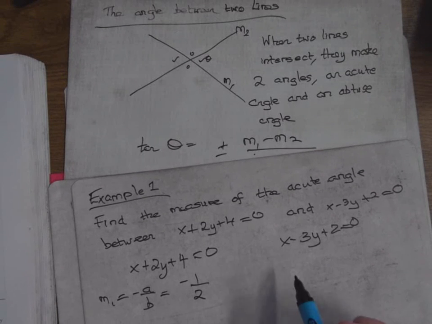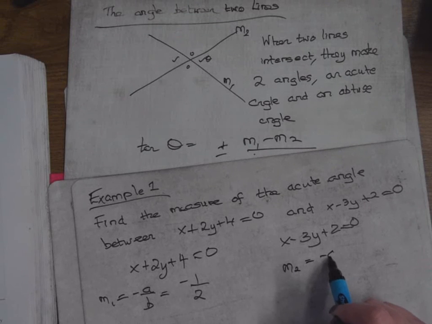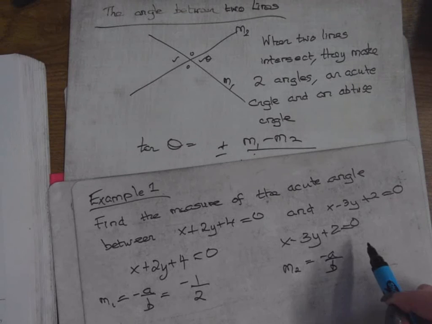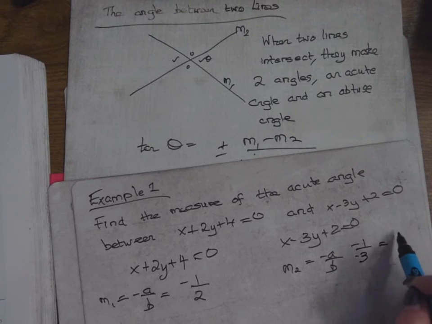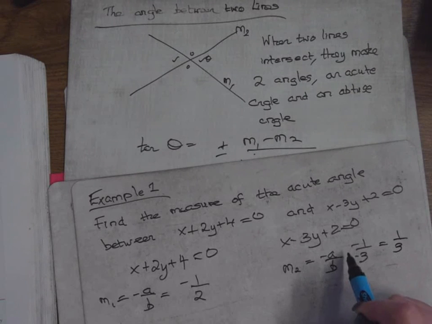Agreed? M2 is the slope of this line. Again, it's minus A over B, where A is the number in front of X, B is the number in front of Y. So it's minus 1 over minus 3, which is plus 1/3. Okay, so M1 is minus a half, M2 is 1/3.